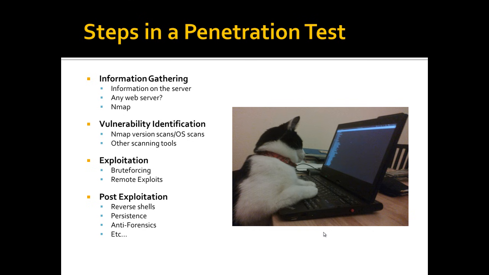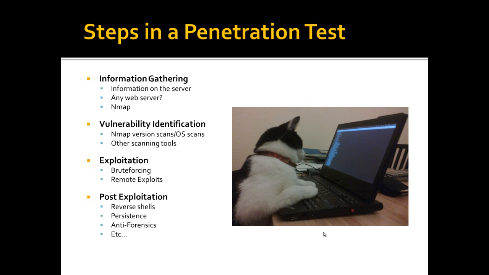Maybe the web server is IIS and it reports the exact operating system, or maybe there are Samba ports open and it reports the operating system, the name, the language, and everything. So vulnerability identification is identifying the services and the versions, and then checking whether there are any already known vulnerabilities for those specific services or operating systems, or maybe we can go as deep as finding them ourselves.